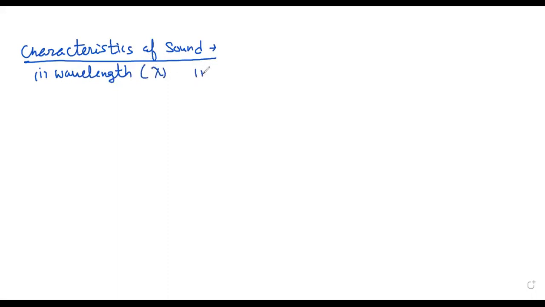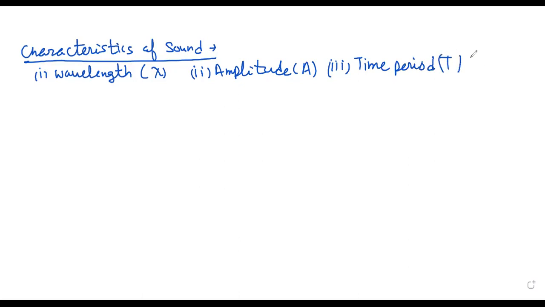Then we have amplitude, which is denoted by A. Third is time period, denoted by T, right?